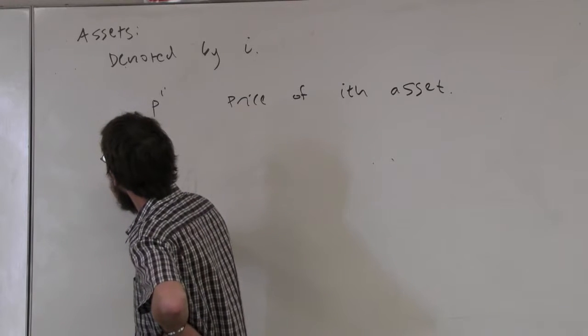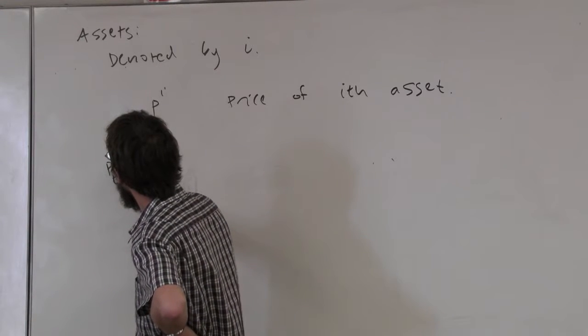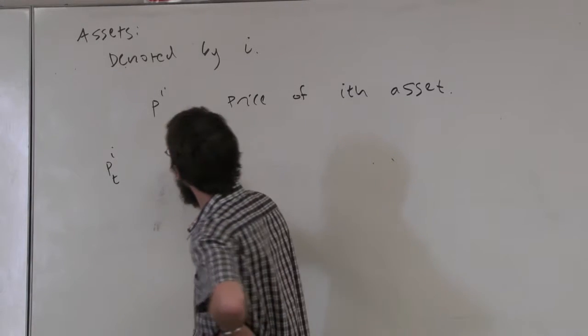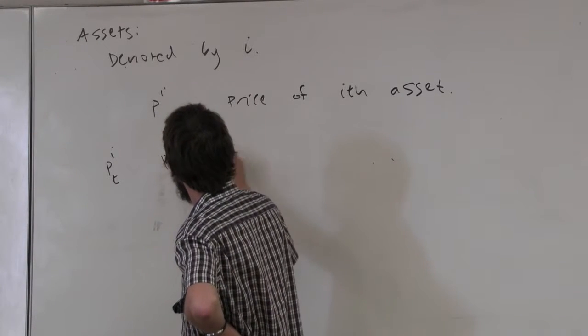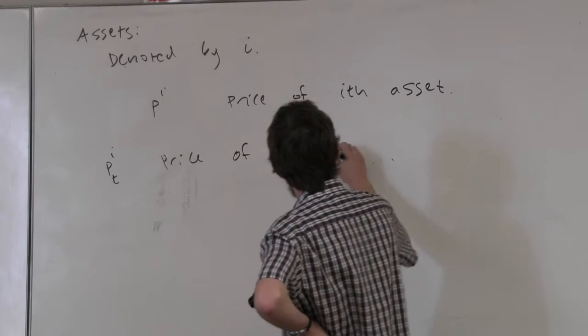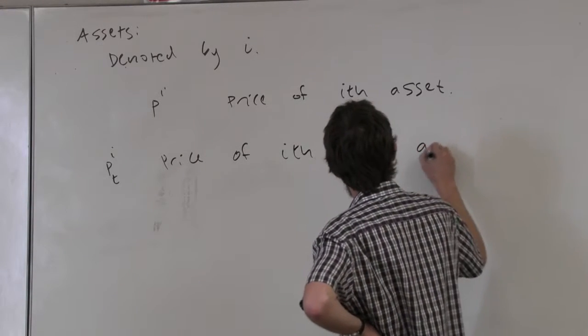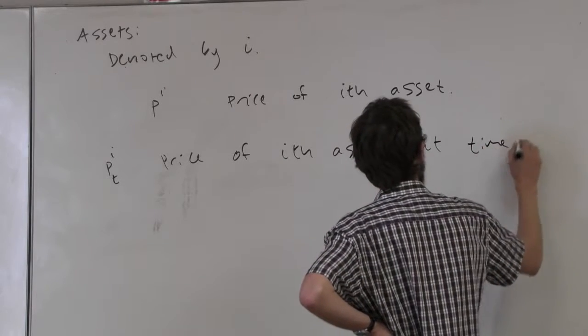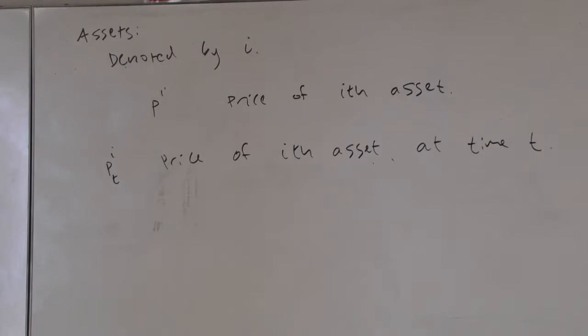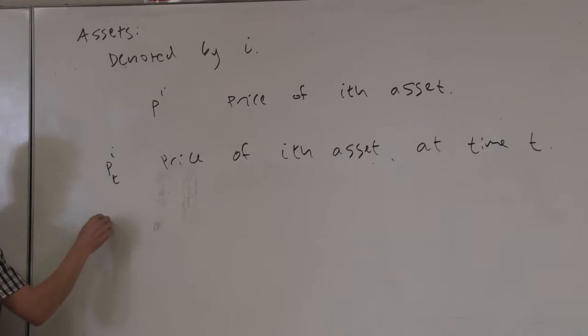So P_t^i is the price of the ith asset at time t. And these are all functions of the state.